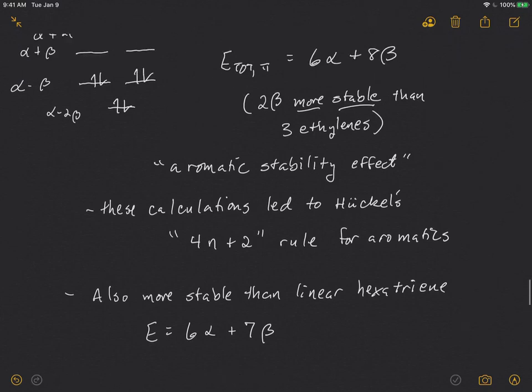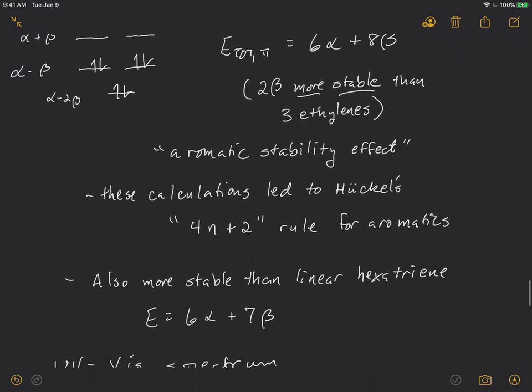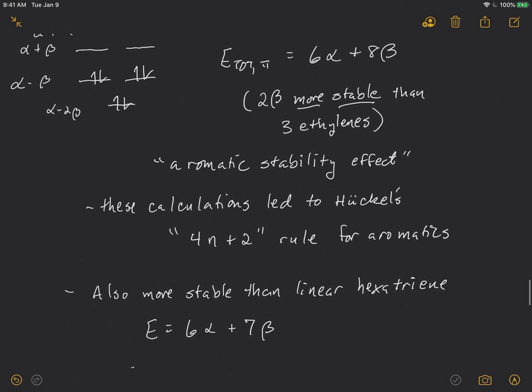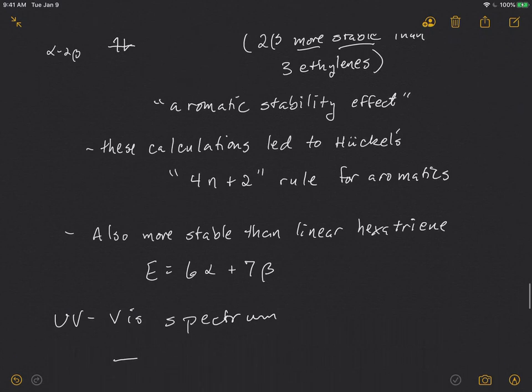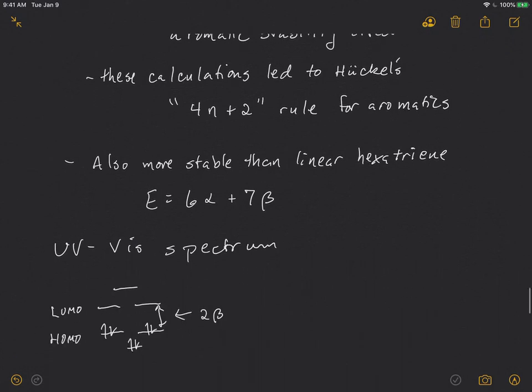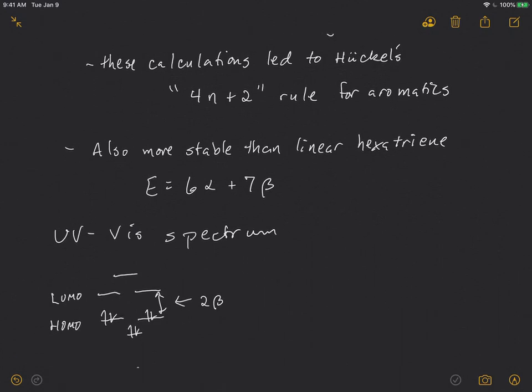So that's higher in energy than the total energy of the benzene, which has 6 alpha plus 8 beta. So benzene is more stable than linear hexatriene, and so again, this supports this notion of Huckel's 4n plus 2 rule.